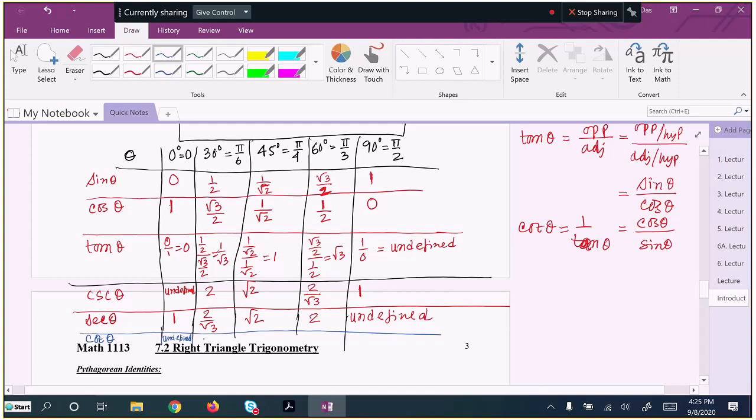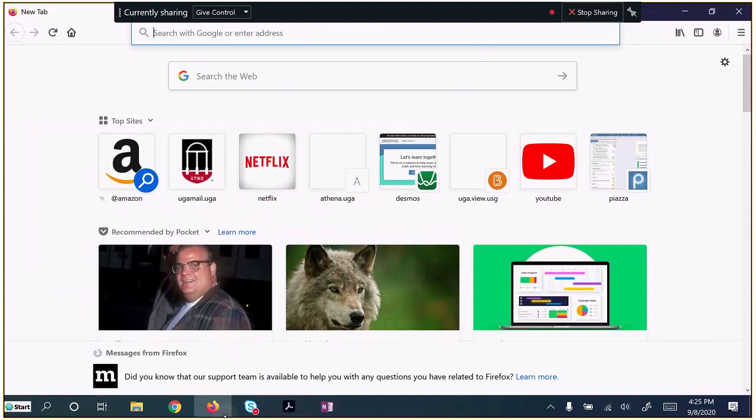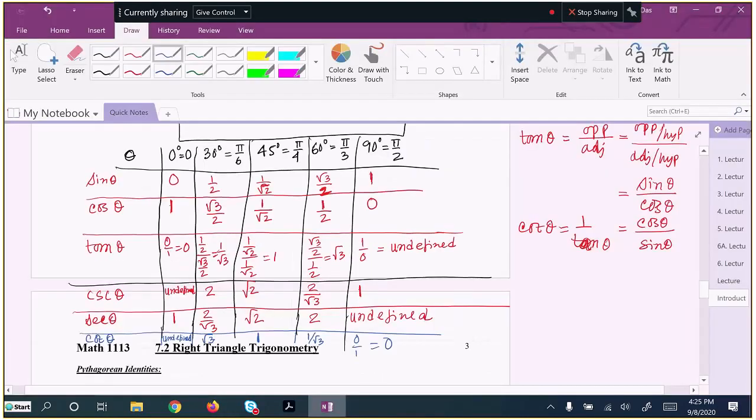So reciprocal will be square root of 3. Tangent of 45 degrees is 1. 1's reciprocal is 1. Tangent of 60 degrees is square root of 3. The reciprocal will be 1 over square root of 3. Tangent of 90 degrees is undefined, or 1 over 0. The reciprocal will be 0 over 1. So that's 0. And hence what we have established is the relationship between sine, cosine, tangent, cosecant, secant, and cotangent in one table.